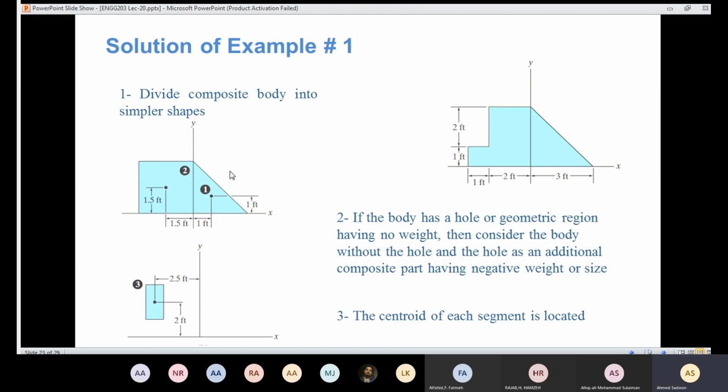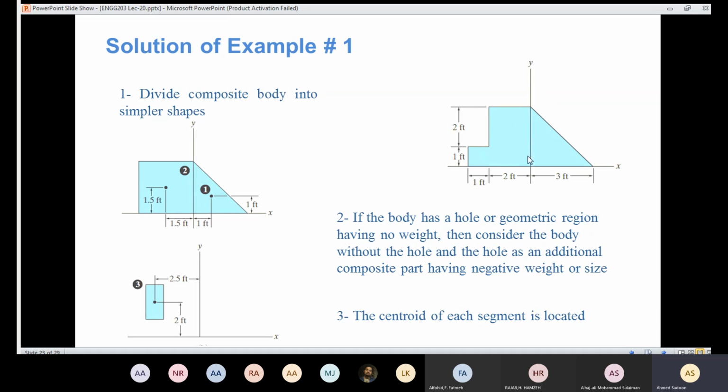So for the triangle here, if this one is a reference, which means that here we have 0, 0, then the distance in X is going to be 1/3 of the base. The base is how much? It is 3. 1/3 of 3 is 1. So in X I have 1, and also in Y it's going to be 1/3 of the height.